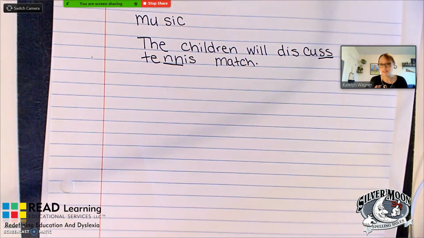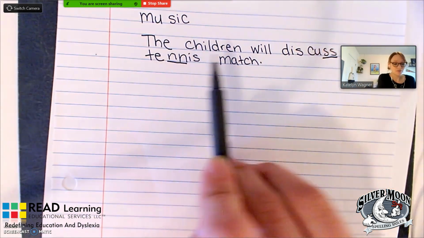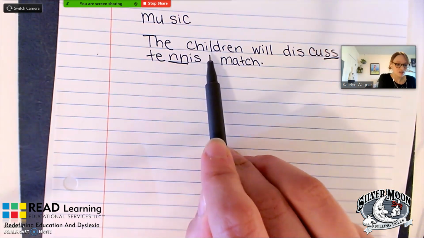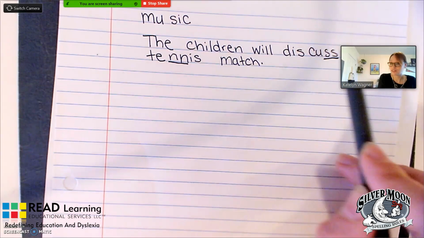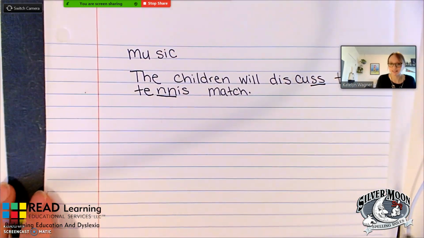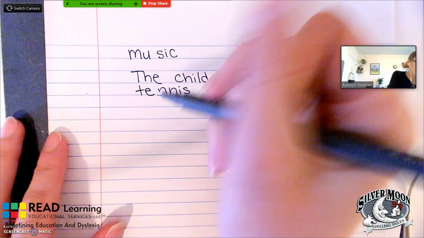The last thing I always tell my students to do is to read through their sentence, checking for spelling and sounds, but also checking to make sure that they've followed all of their syllable division rules and the rules that are dependent upon syllable division. So I'm going to model that right now.